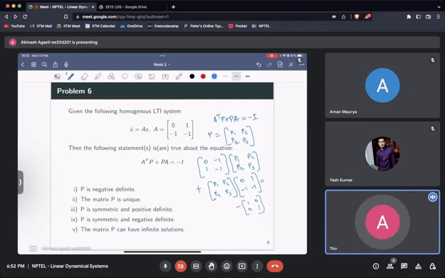Okay, let us solve this. If you multiply all the matrices, what you'll essentially get is one matrix on the left hand side equal to this matrix on the right hand side. So here you'll have some expressions in terms of p1, p2, p3. Then you basically have a system of linear equations. That's all. So let us find the values for p through this.